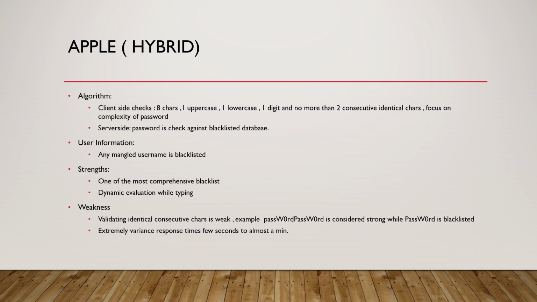However, it wasn't able to find any consecutive patterns. If you write the same word twice, it can be considered really strong, even with mangling. If you do a reverse mangling of a given repetitive word, like the one shown here, it is a well-known password and it is blacklisted.